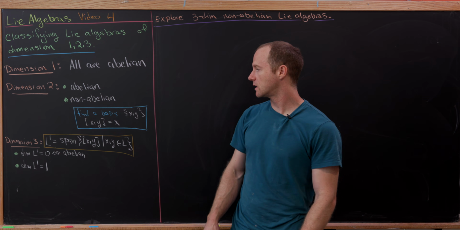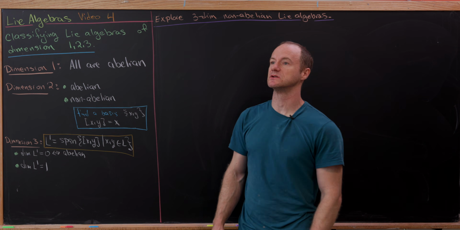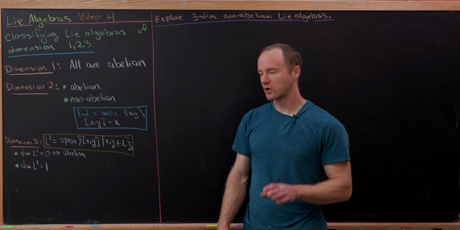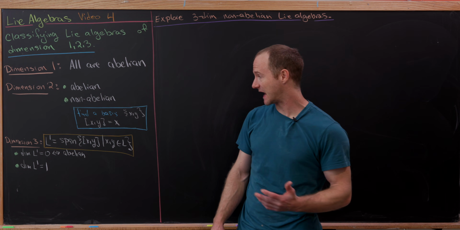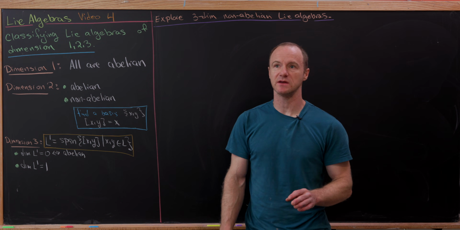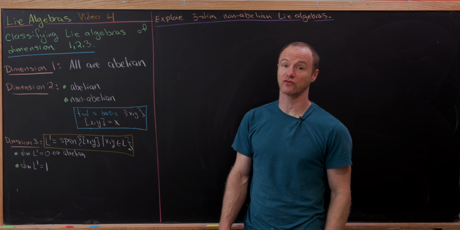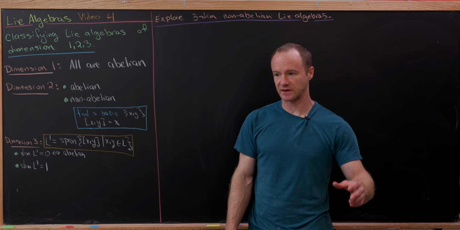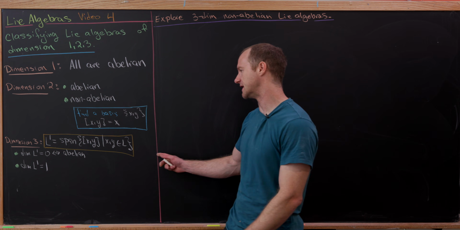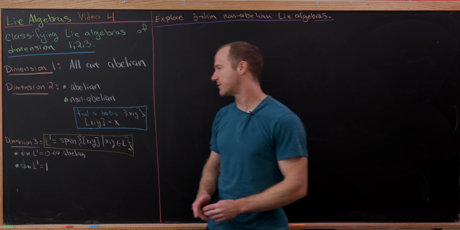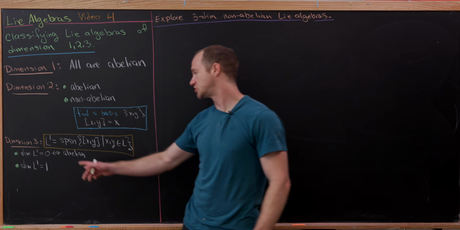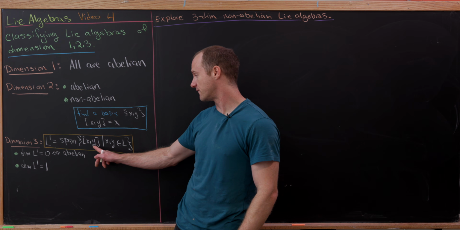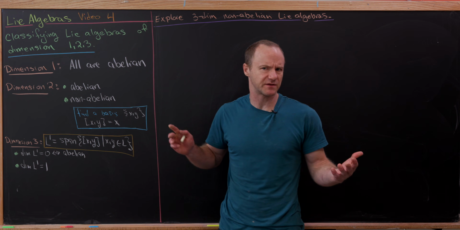So now we're ready to look at three-dimensional Lie algebras, and we're going to break this down into a couple of cases. And those cases are going to be based on the dimension of the derived subalgebra. So we talked about the derived subalgebra in the two-dimensional case, but let's recall what it is. The derived subalgebra L prime is equal to the span of all vectors that are outputs of the bracket, essentially.